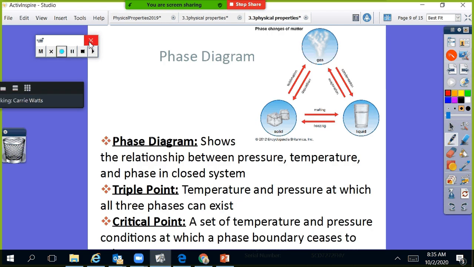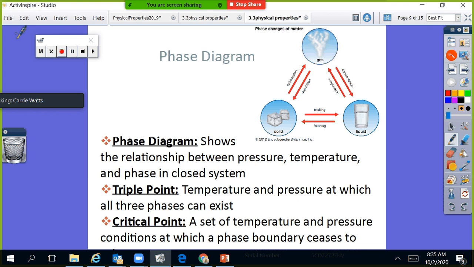Let's talk briefly about phase diagrams from honors. These types of diagrams are for many different molecules. In honors, we showed you one with carbon dioxide, one with water. It shows the relationship between pressure, temperature, and phase in a closed system.